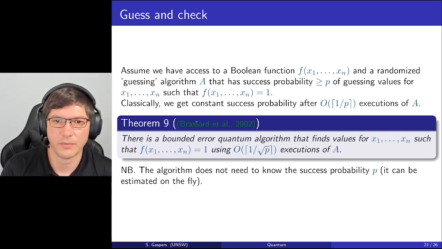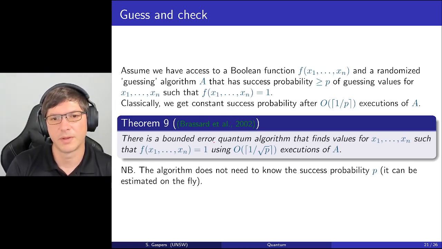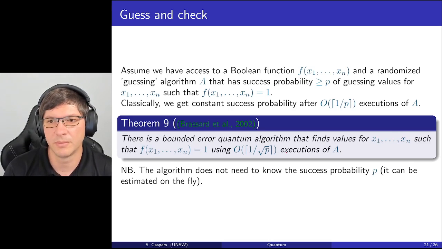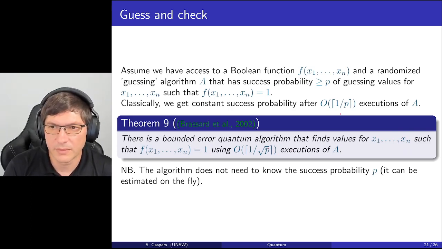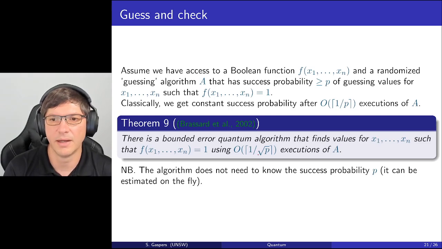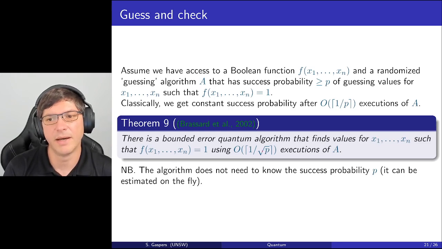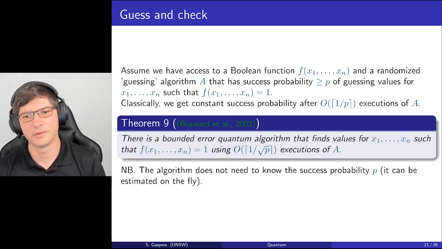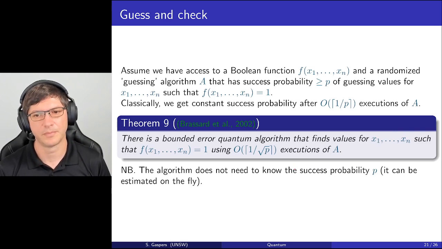But Brassard and others have shown that in the quantum world, there is a bounded error quantum algorithm that finds values for x1 to xn, such that the function evaluates to 1, using only the square root of this many executions of A. So we only need the square root of 1 divided by p many executions in order to get constant success probability.